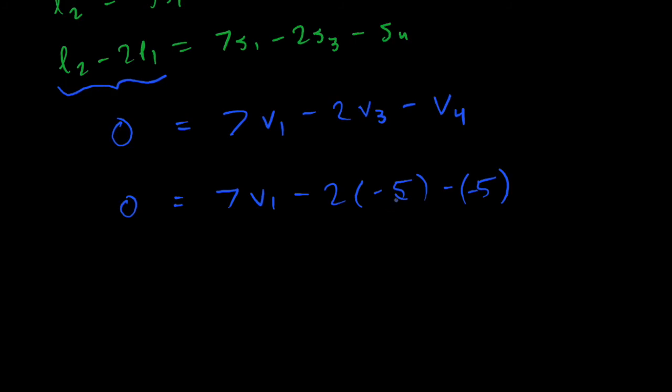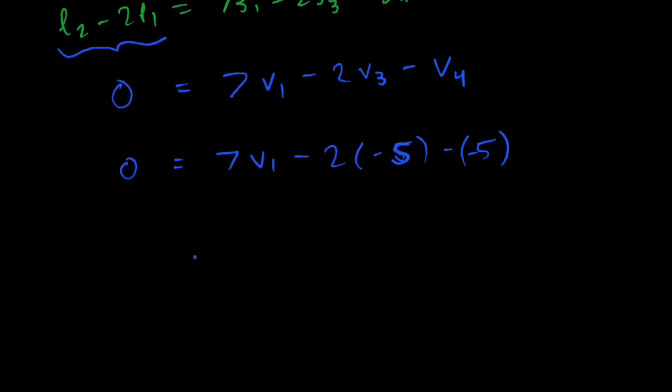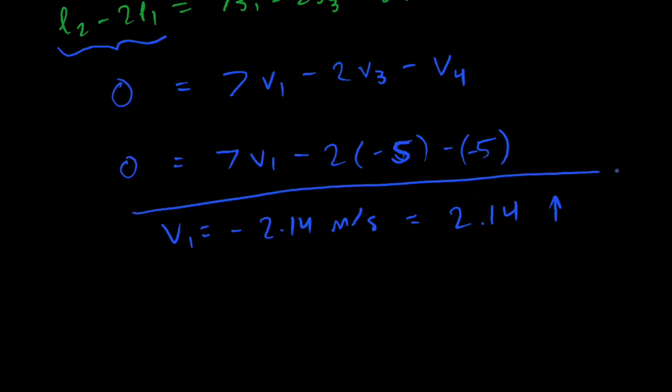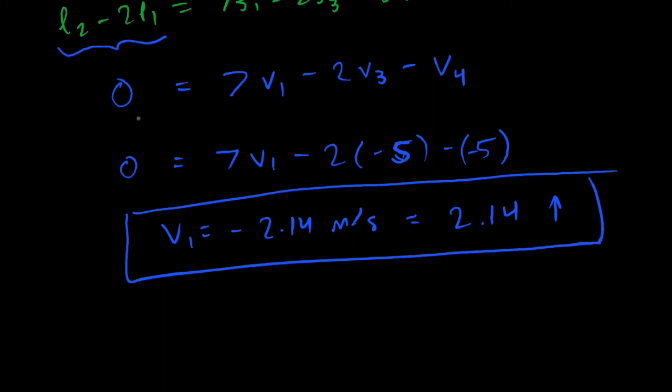And if you solve out this equation, you would get that v1 is equal to -2.14 meters per second. Another way to represent this would be v1 equals 2.14 in the upwards direction. And this pretty much concludes the question. I just want to talk about really quick what this means.